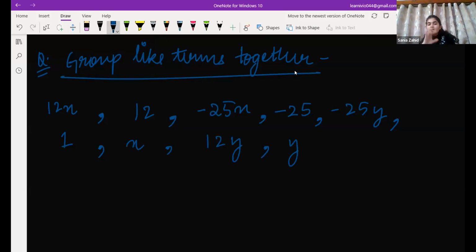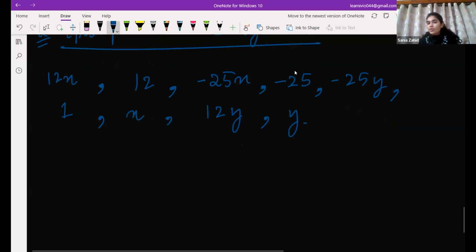So these are some of the terms that I've written on the board. You have to just tell me which of the following are like terms. Group the following into like and unlike terms. Do you understand the question? Yes, ma'am. Okay, just do this.